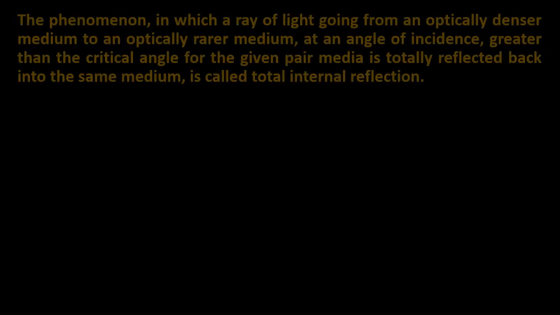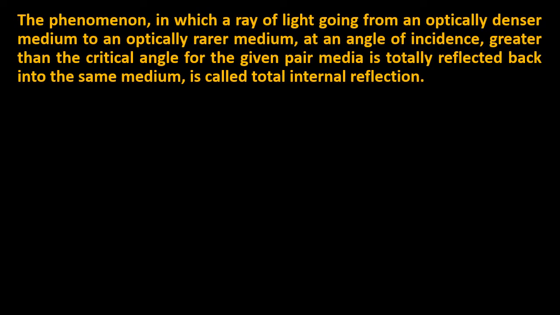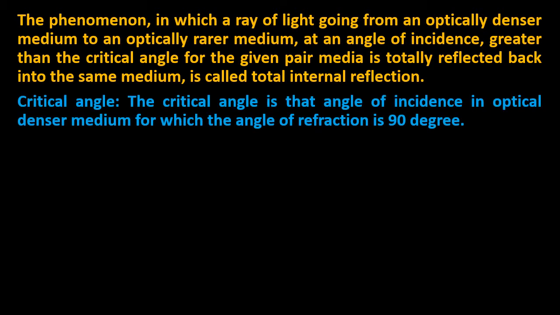Now we can define total internal reflection as the phenomenon in which a ray of light going from an optically denser medium to an optically rarer medium at an angle of incidence greater than the critical angle for a given pair of media is totally internally reflected back into the same medium. Similarly, we define the critical angle as the angle of incidence in the optically denser medium for which the angle of refraction is 90 degrees.